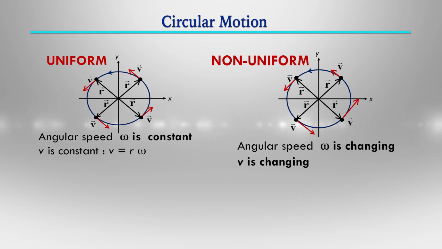Now because v equals r omega and omega is changing with time, the magnitude of the linear velocity v is also changing with time. So the difference between uniform and non-uniform circular motion is that in uniform circular motion, omega and v are constants. In non-uniform circular motion, omega and v are changing.